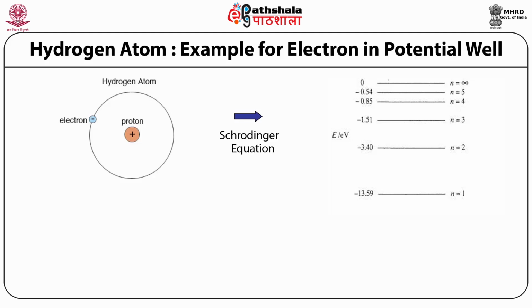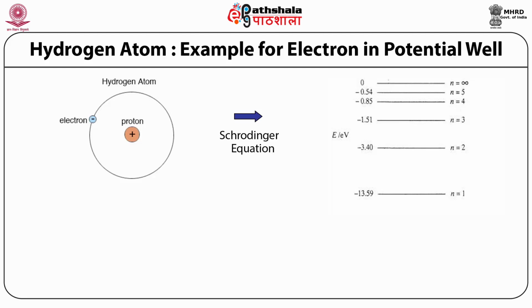So now solving the Schrodinger equation, we get that the energy is quantized, and all the energy levels correspond to the various values of n, that is, if we go from n equal to 1, 2, till infinity, the energy is increasing, going from the negative to the positive side, and the maximum energy which we can achieve is 0.